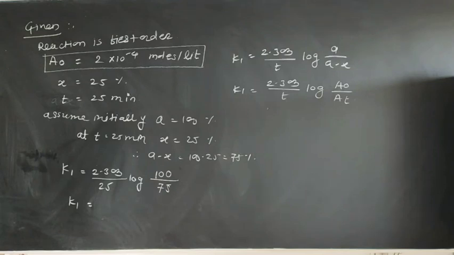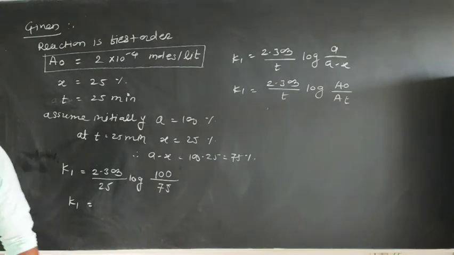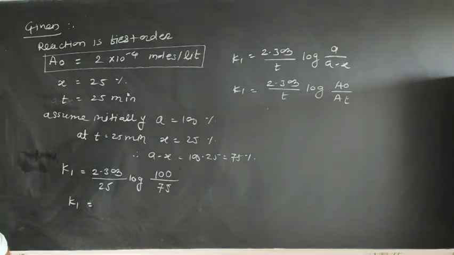multiplied by 2.303, divided by 25. The answer is 0.01151.